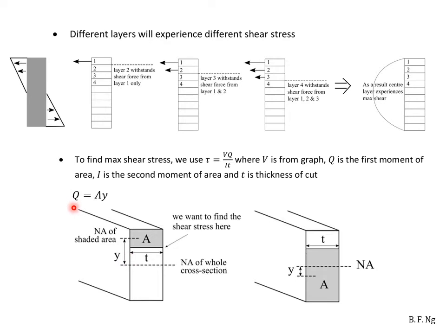As such, Q equals area times Y. We can also consider the area below the cut, which is this area, and Y itself is given by this Y, both of which will give us the same answer for Q.